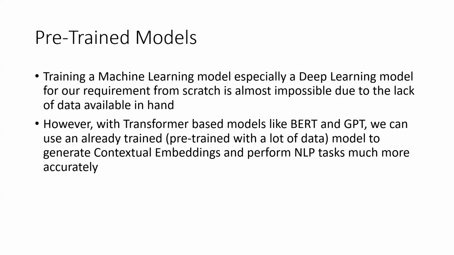When it comes to a deep learning model, which is very hungry for data, your data set in most cases will not be sufficient to train that particular deep learning model. But if you can train it, then this model would give you a much higher accuracy. But because you don't have enough text data to train your model, you are not able to get that advantage of using a deep learning model.